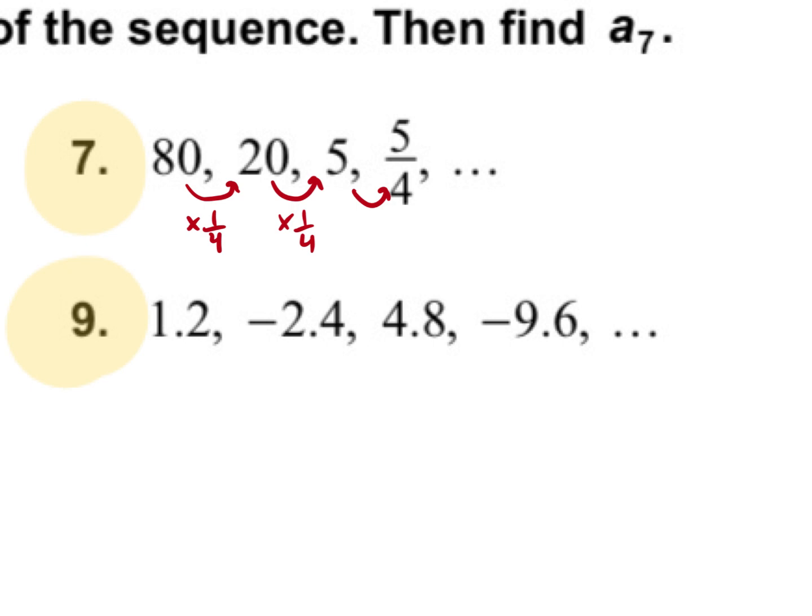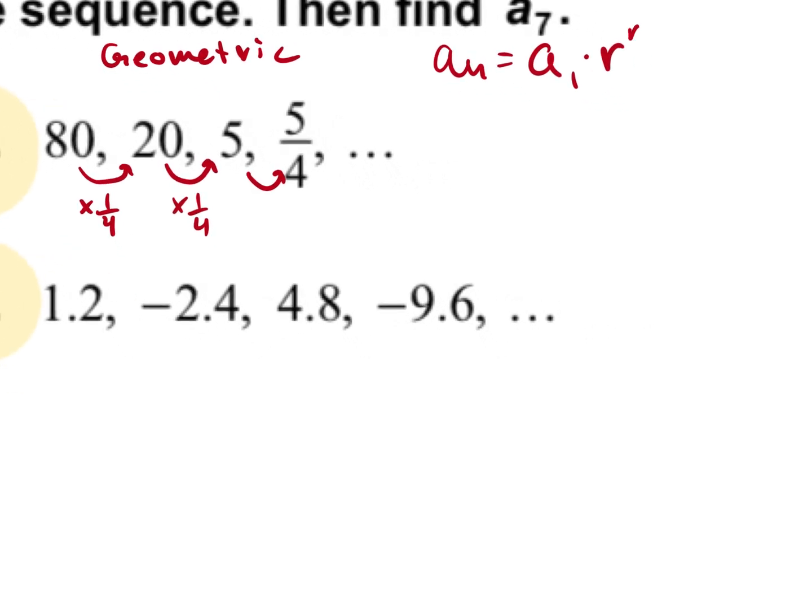Our equation, when we write our rule for a geometric sequence, because this would be geometric, is a sub n is equal to a sub 1 times r to the power of n minus 1. There's 4 formulas you need to know. 2 for arithmetic, 2 for geometric.